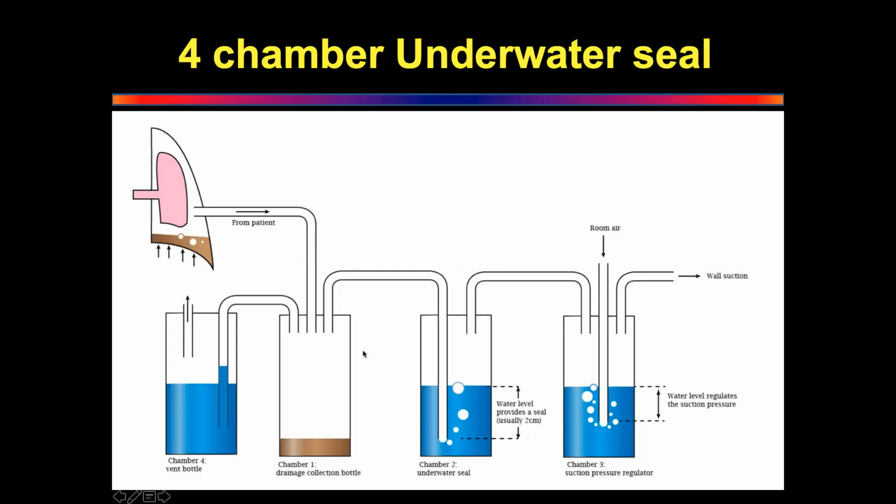One chamber has a problem of frothing. One chamber has a problem of no suction. Two chambers separate the fluid and the air, but the efficacy of the suction is not very good. Three chambers give you good efficacy with the suction, with a room air vent, but if it gets blocked, it becomes a single chamber, one long blocked system, and you will get tension pneumothorax.